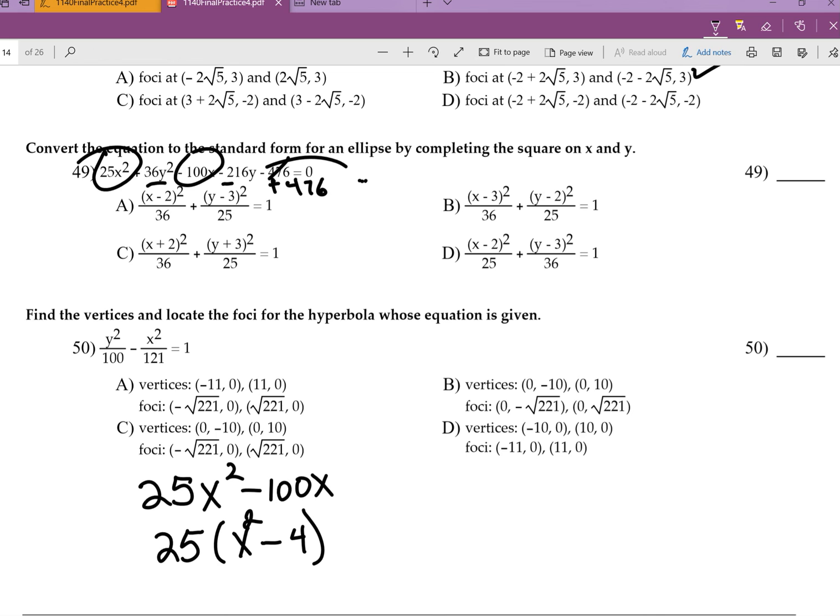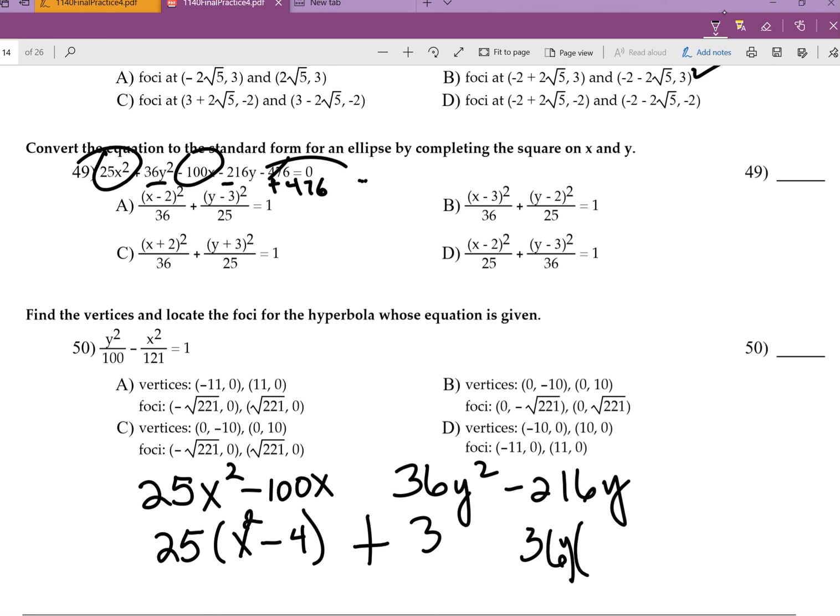Okay, and then for the y's, same thing occurs. In this case, you have 36y squared minus 216y, and I believe that if you factor out the 36, actually you factor out 36, no, let's leave it like that. I'm getting tired. Alright, so I'll factor out the 36 for the moment.